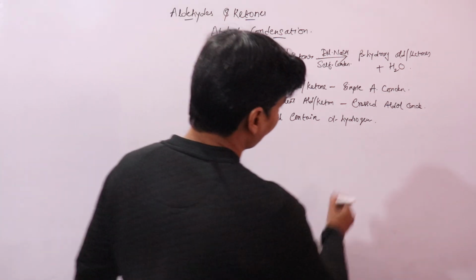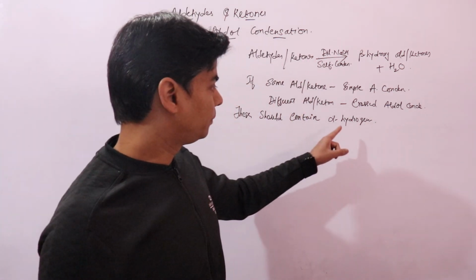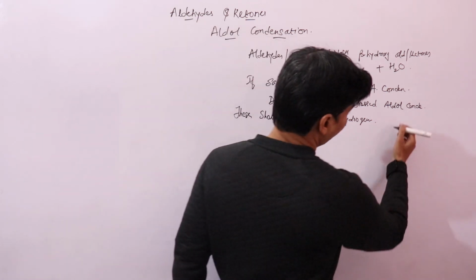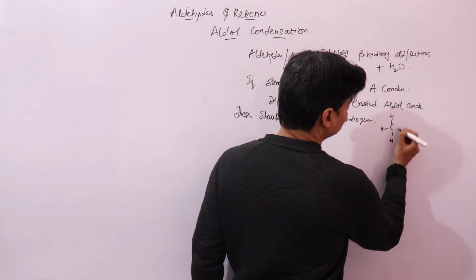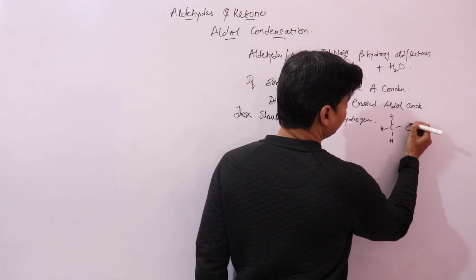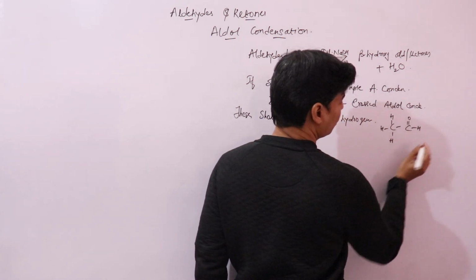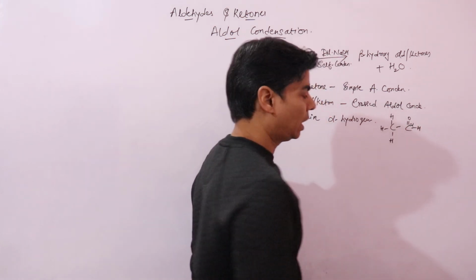Now what is an alpha hydrogen? If you remember, this is your CH3CHO, right? This is your carbonyl carbon.